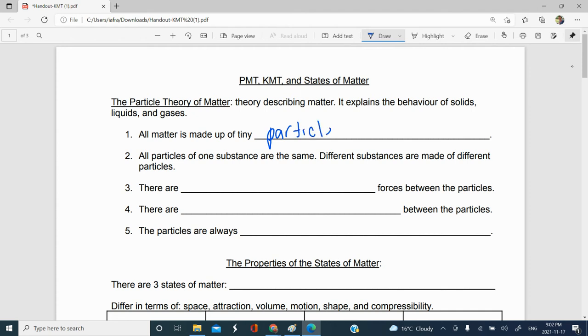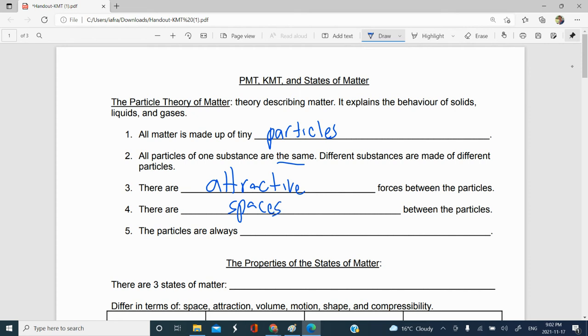That's right. All particles of one substance are the same, and different substances have different particles. There are attractive forces between particles. There's space between particles.